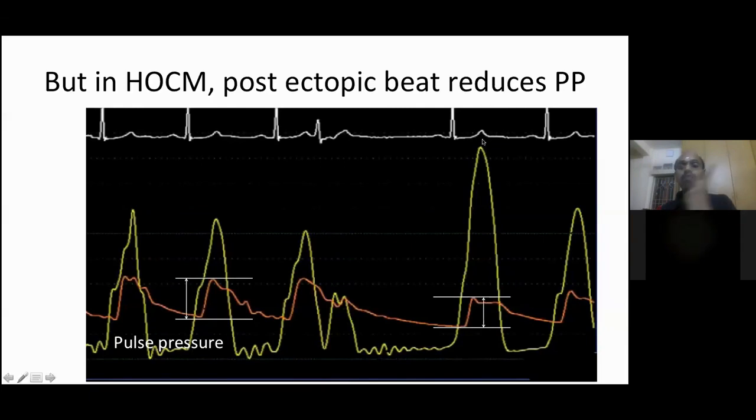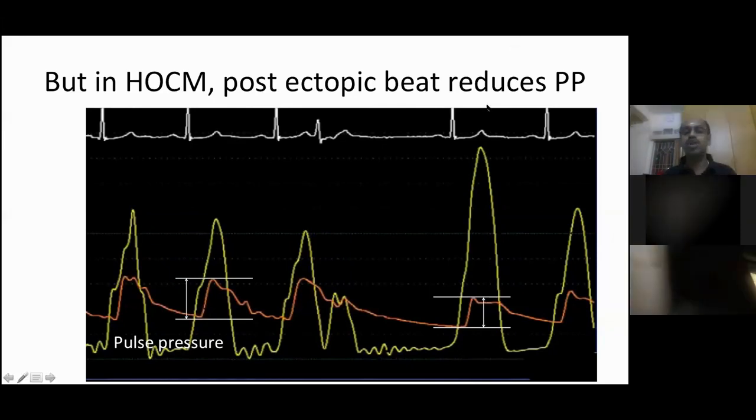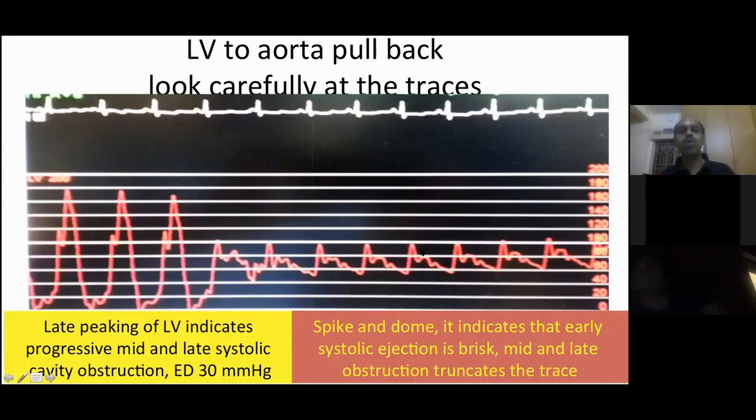So the combination of two factors, higher LV systolic contractility and fall in the systemic vascular resistance, both cause catastrophic elevation of the LV systolic pressure and fall in the aortic systolic pressure, thereby worsening this gradient, and this is what is called the Brockenbrough-Braunwald phenomenon.